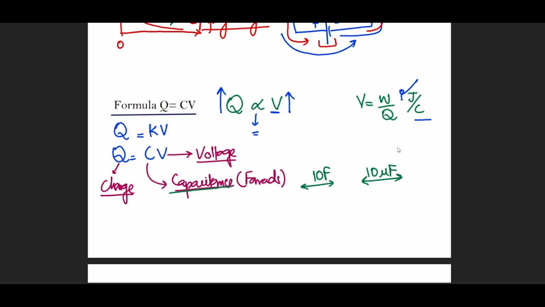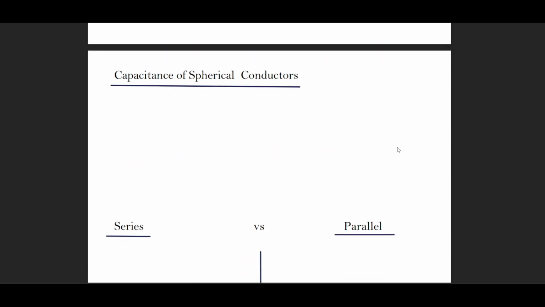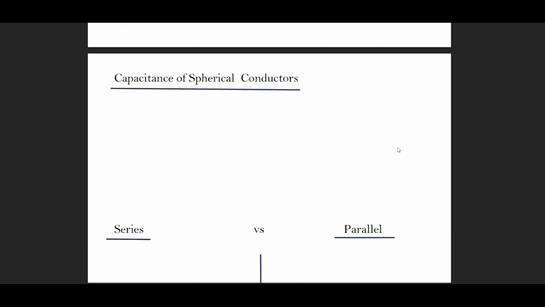A large tank of water would mean its capacity is high. Similarly, for capacitors, capacitance simply means, in physical terms, how many electrons it can store for the given voltage and charge, right? Okay.